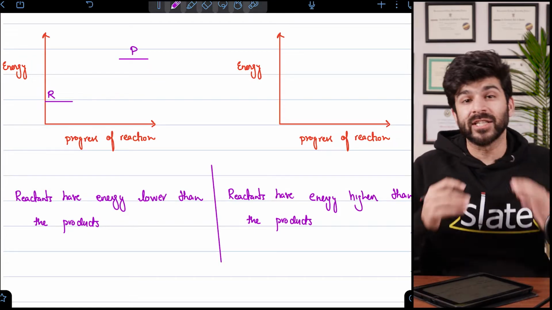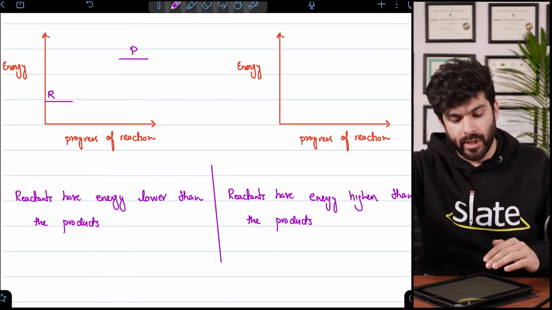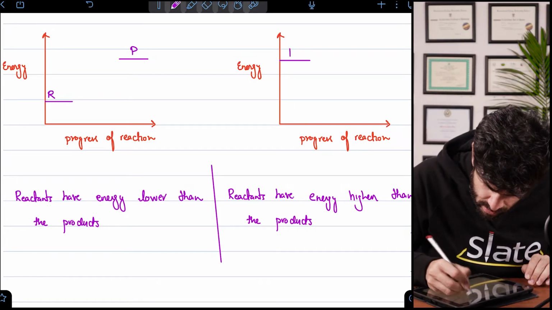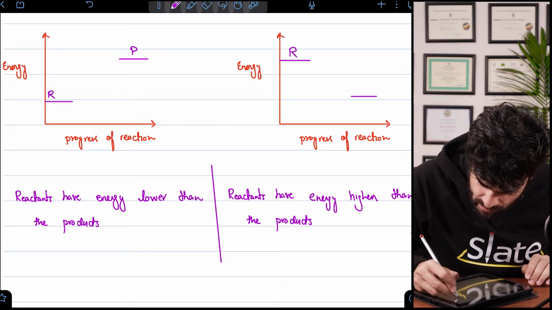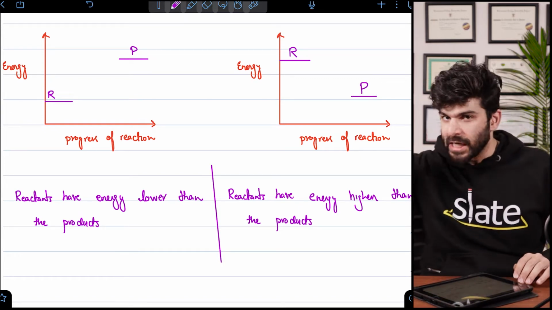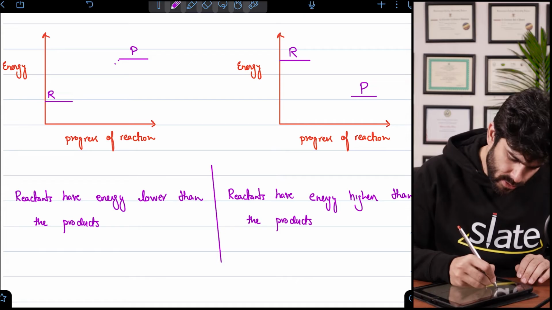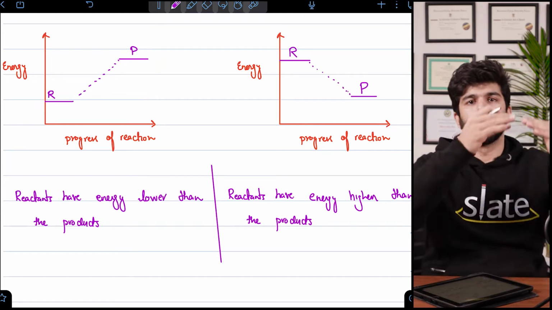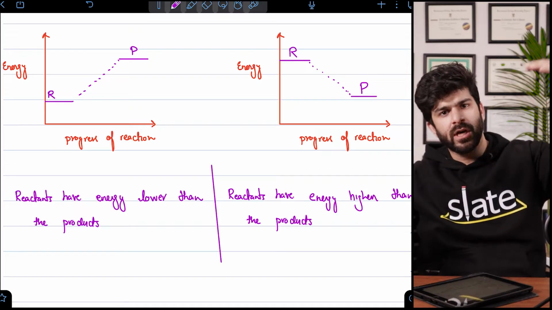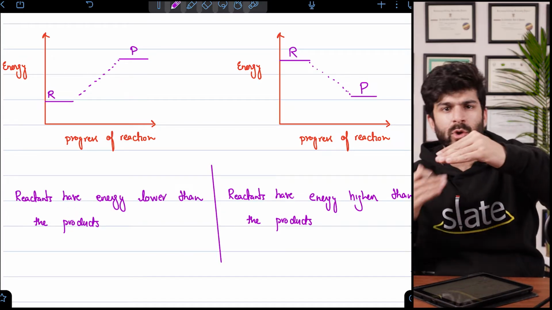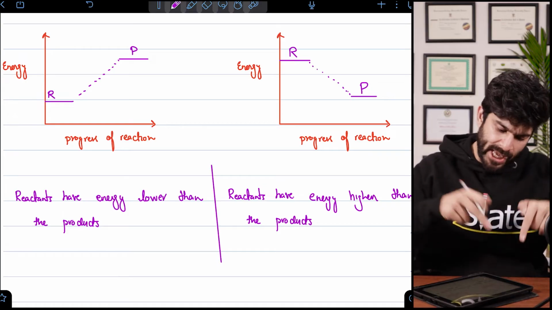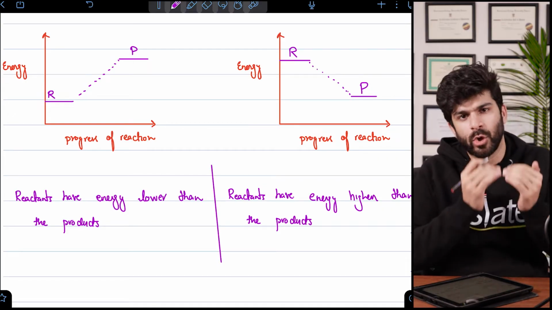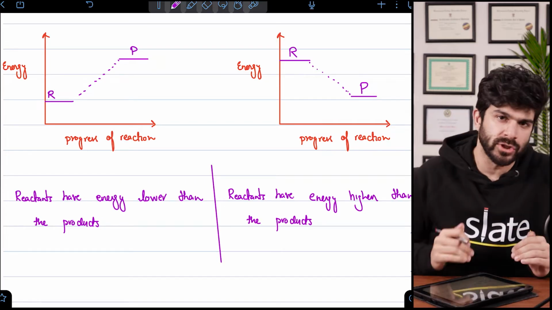Because reactants give out energy and then they become products. So if I make reactants here, the products will come here. You can see there is a decline in energy. In the case of exo, the energy from the reactants to product is decreasing because you're giving out energy. And in the case of endothermic, the reactants have a lower energy and the products have a higher energy.